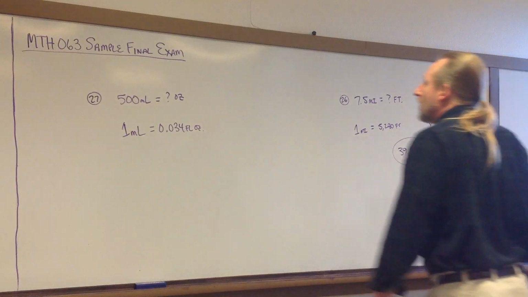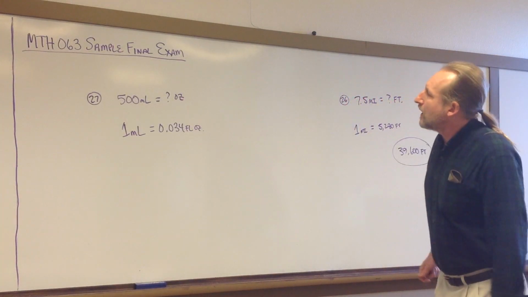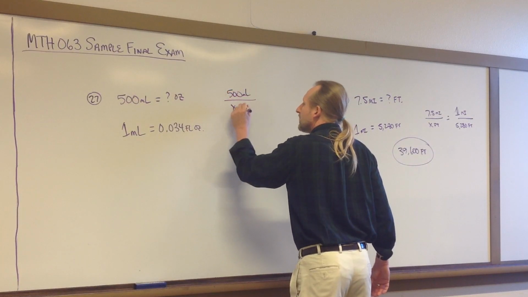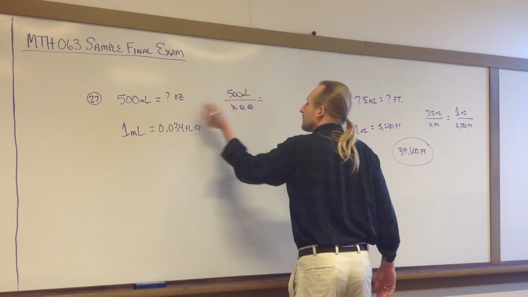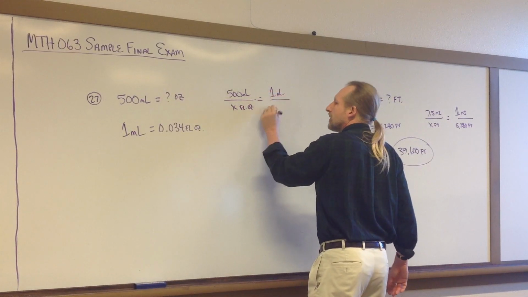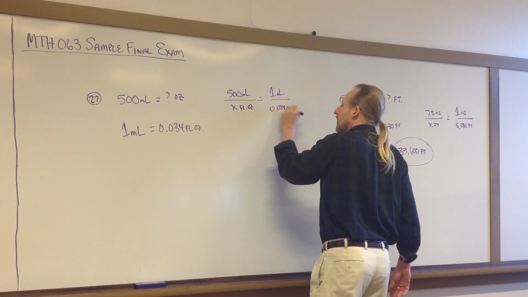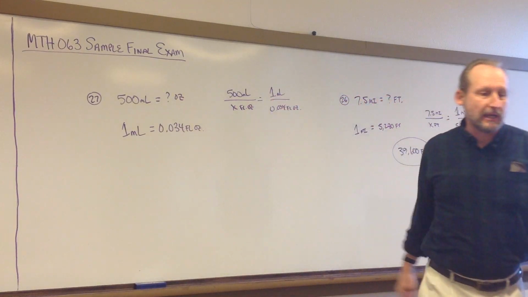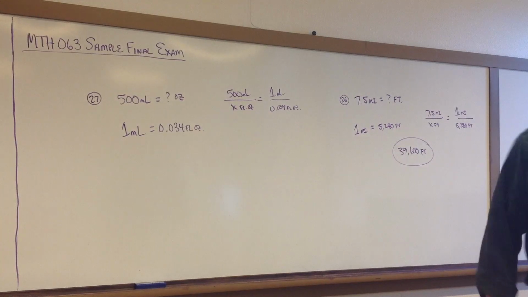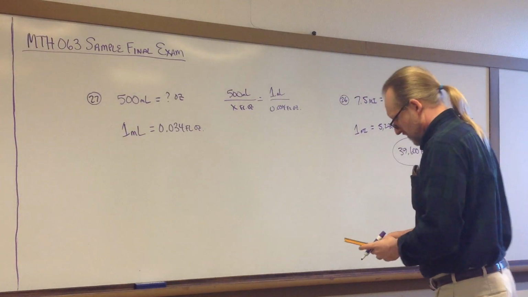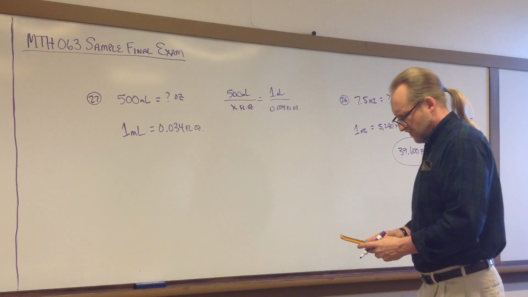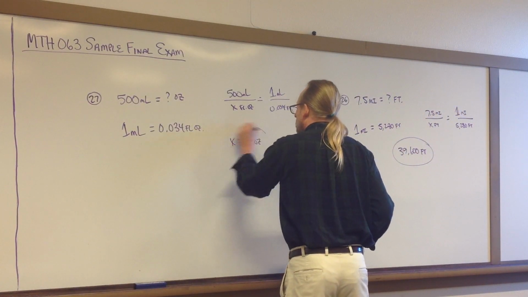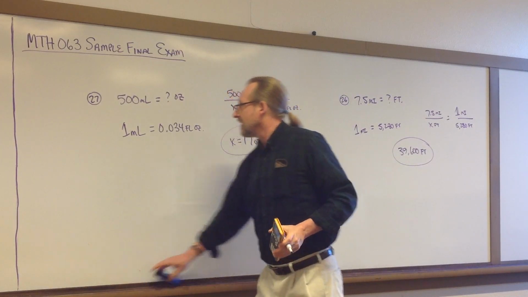And again, in this case, I would multiply, but let's double check here. 500 milliliters, x fluid ounces. Here, 1 milliliter, 0.034 fluid ounces. Yeah, and there's the multiplication. 500 times that 0.034. And let's see what we get. 17. That's what they call a European pint, right? 500 milliliters.